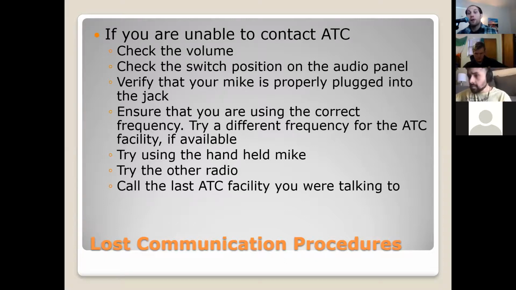So there are multiple frequencies around the Eagle Creek Airport. There are multiple frequencies that you could use to contact Indianapolis approach. And if you're struggling with getting a hold of ATC on your current frequency, you might want to try to reference another possible frequency. Maybe you'll have better luck on a different frequency.